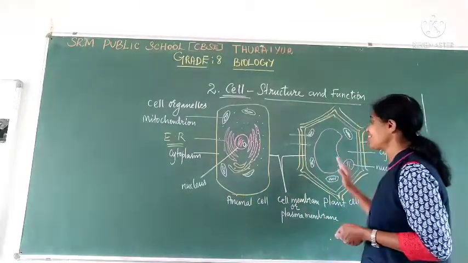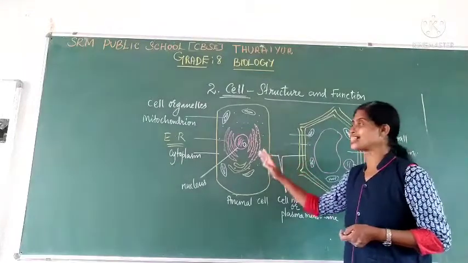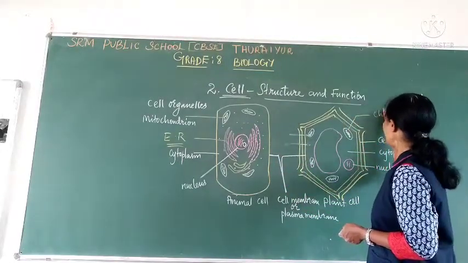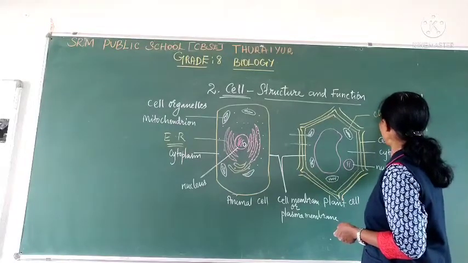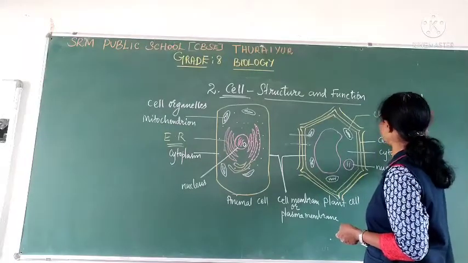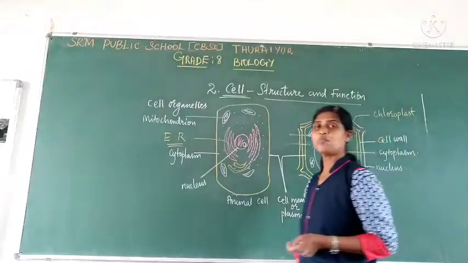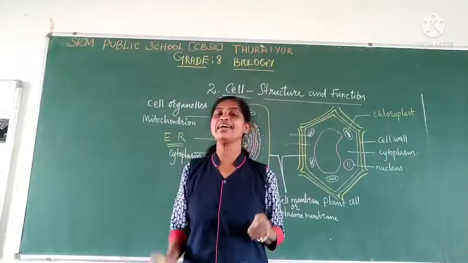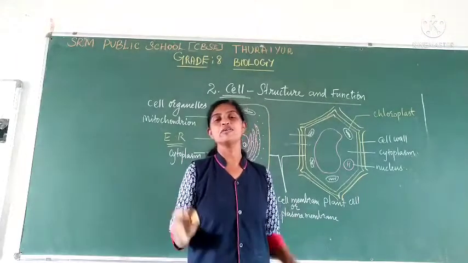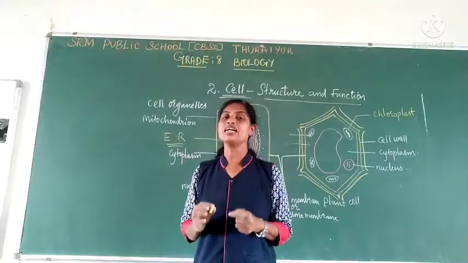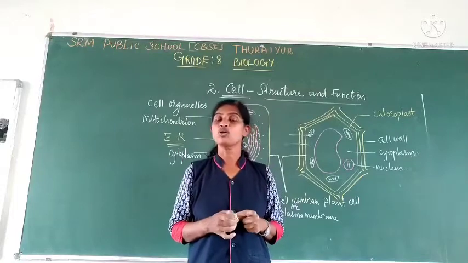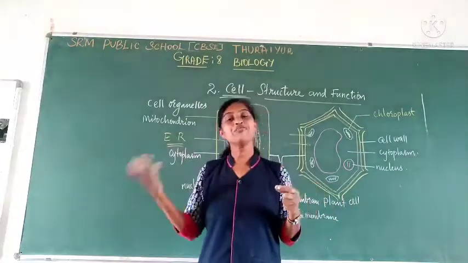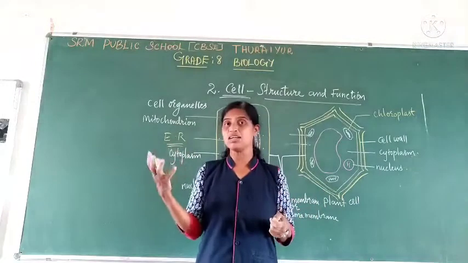Now, in plant cells, in addition to these structures, there is an important structure called the chloroplast. Children, can you recall the function of chloroplast? Chloroplasts are green-colored plastids. They help in photosynthesis because they contain a green-colored pigment called chlorophyll. But in plants you can find some other colors also.